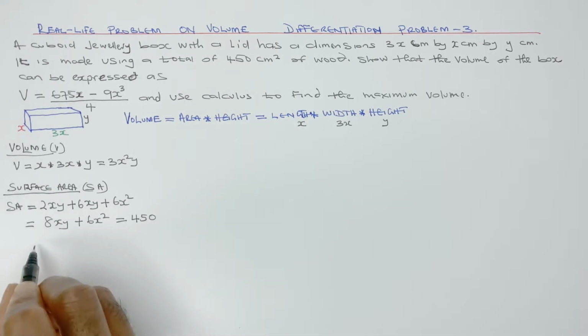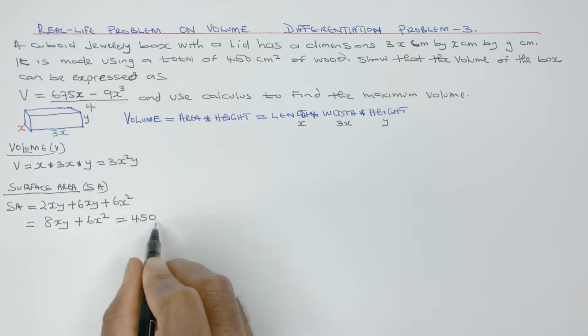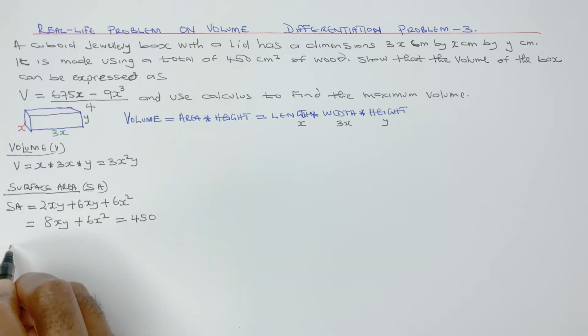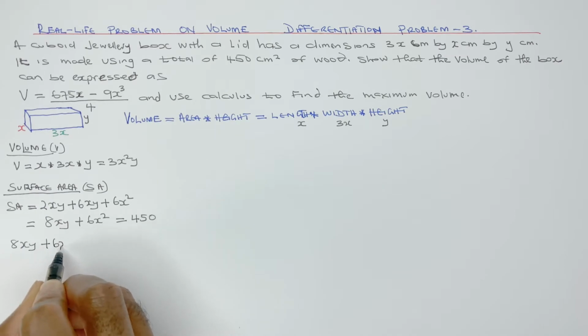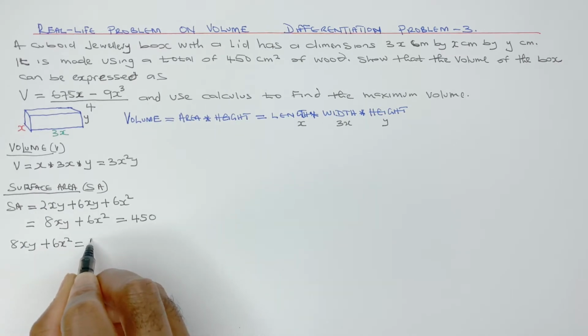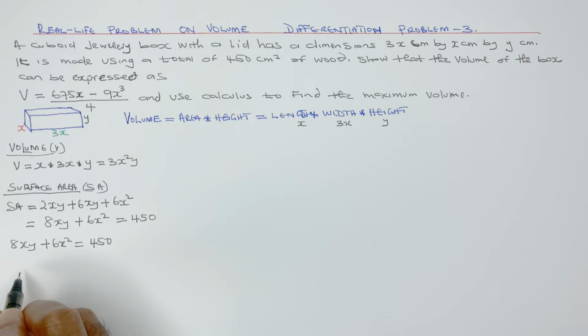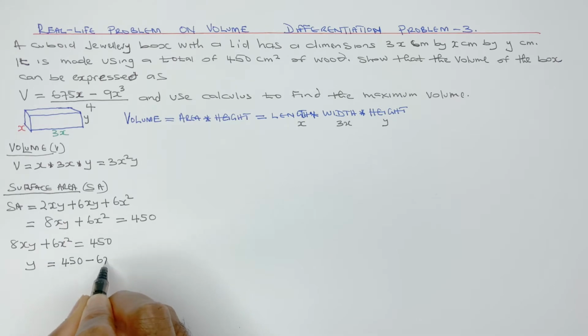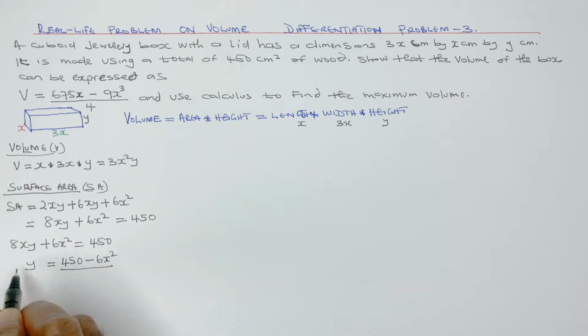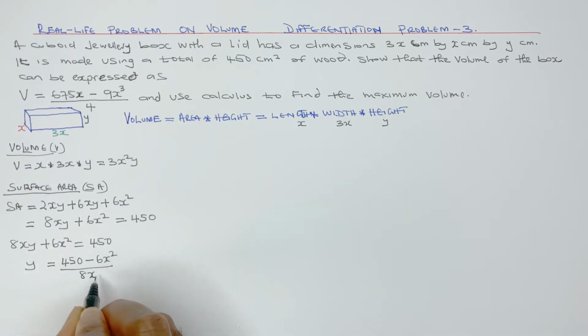450. The best thing to do here is to make y the subject. So we've got 8xy plus 6x squared equals 450. Y will be equal to 450 minus 6x squared divided by 8x. Now 2 is a common factor at the top.